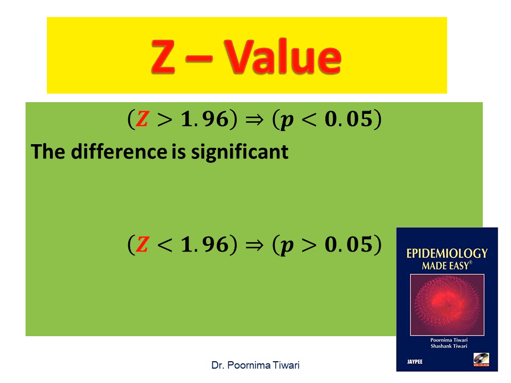On the contrary, if the Z value is 1.96 or less, it automatically implies that the P value is more than 0.05. So higher the Z value, lower the P value. And if the Z value is less than 1.96, it means the difference is insignificant because the P automatically is more than 0.05.